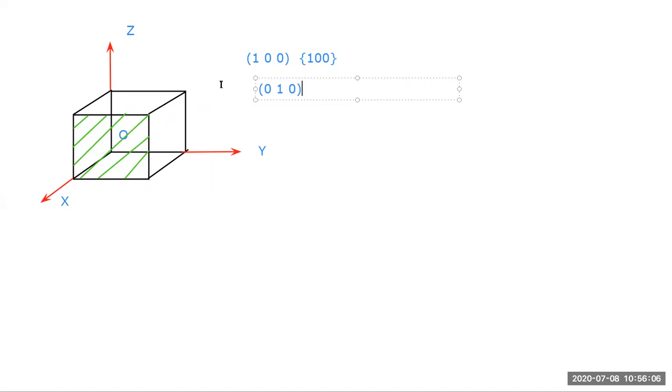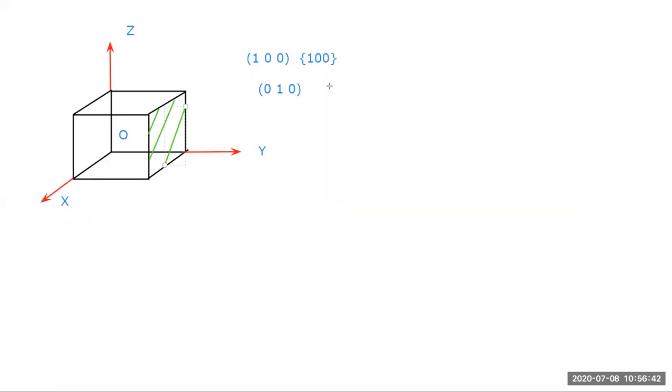This side plane we consider for the 010 plane. x is 0, y intercept is 1, and z is 0. So this entire plane is the 010 plane.